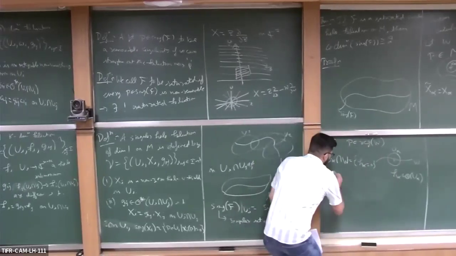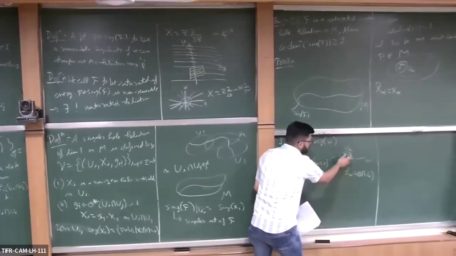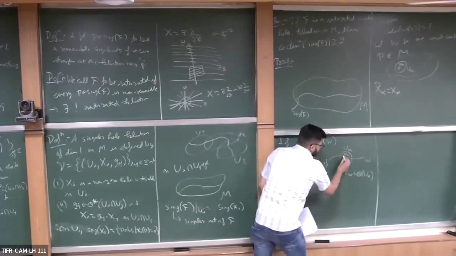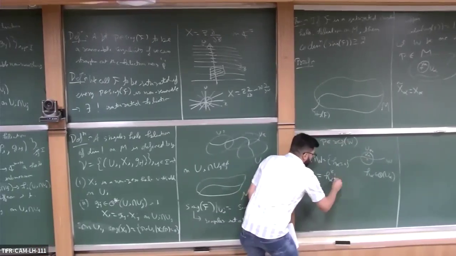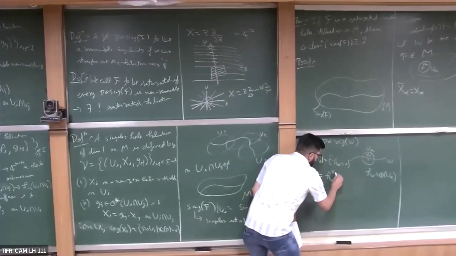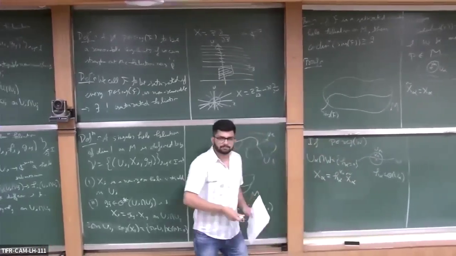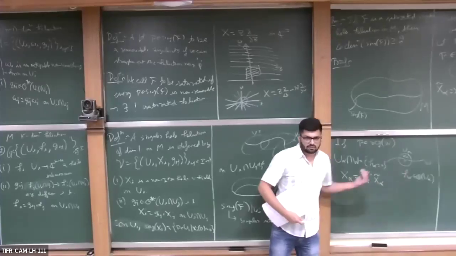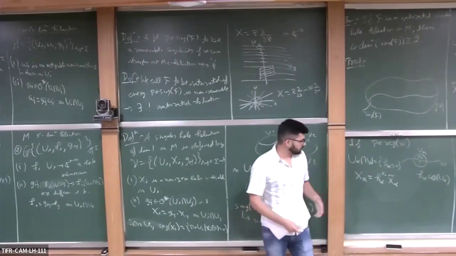And what we can do is write our vector field X alpha, because it vanishes on this set, as h alpha to some power k alpha times another vector field X alpha tilde. We take the maximal power of h alpha from the components.